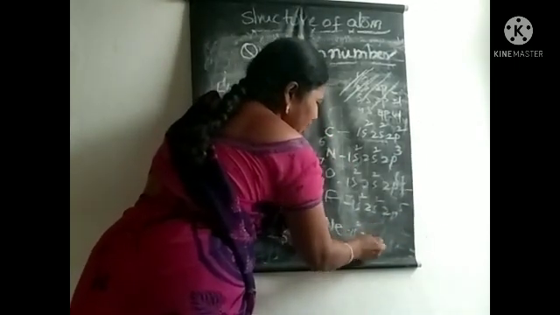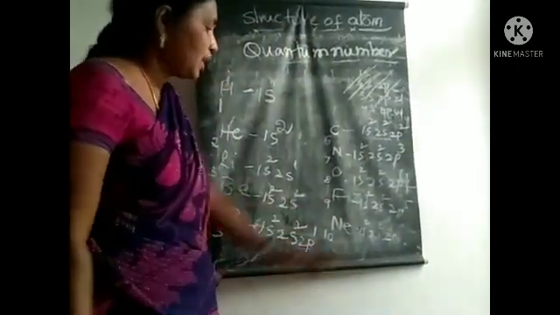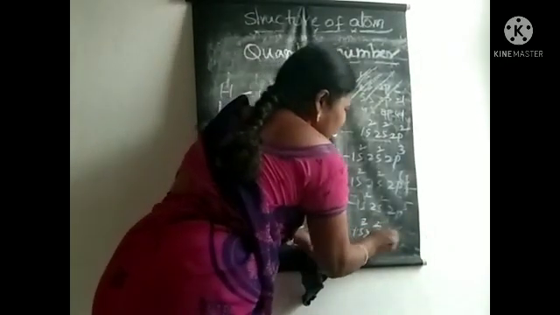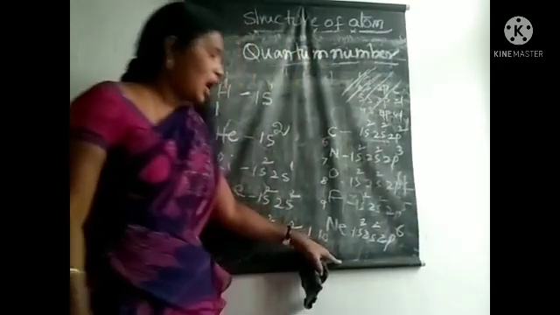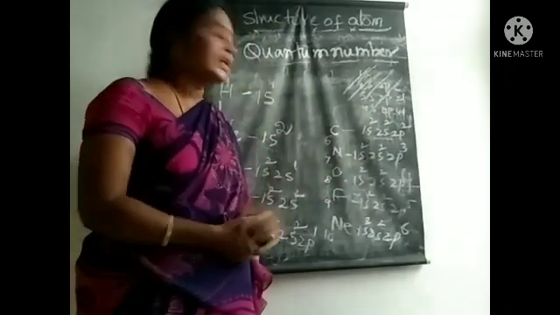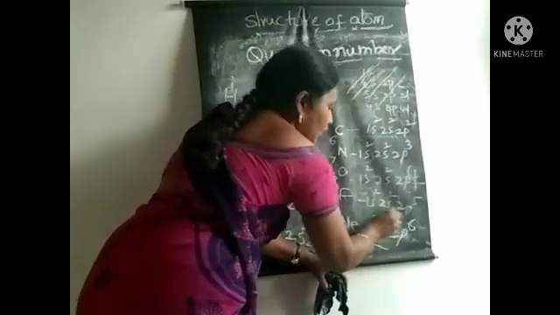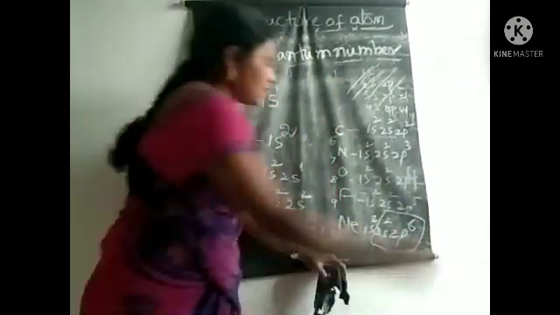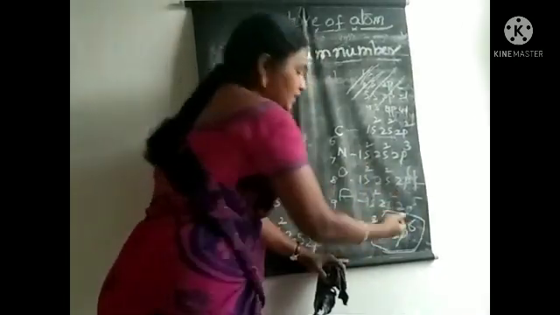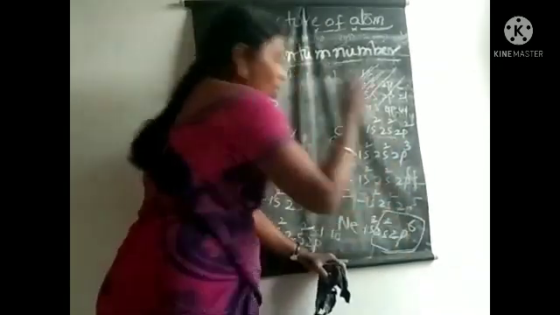Neon 1s2, 2s2, 2p6. In neon, the outermost shell is fully filled, and neon obeys the octet rule. In neon's electronic configuration, the outermost shell has 8 electrons. It obeys the octet rule.